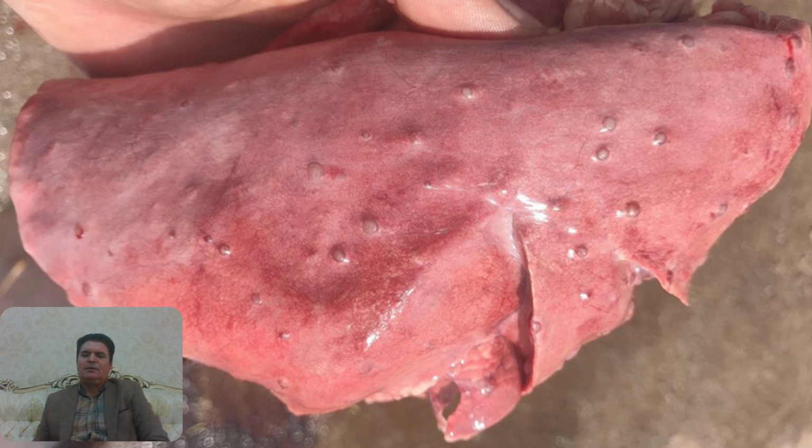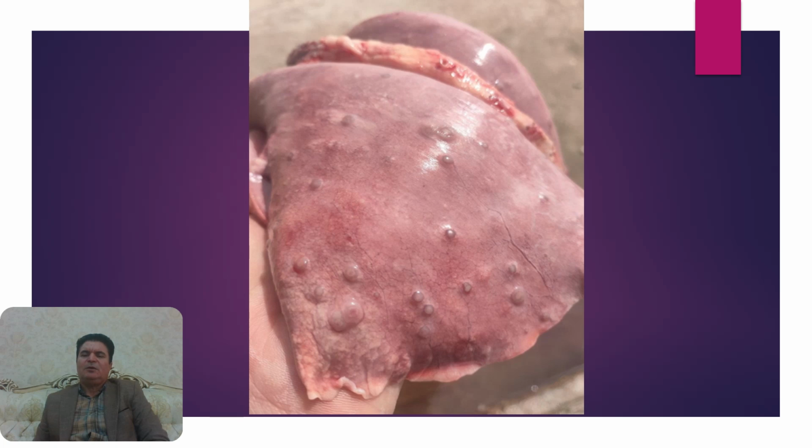And the other lung of this sheep has the focal lesions. You can see here on visceral pleural surface of the lung.